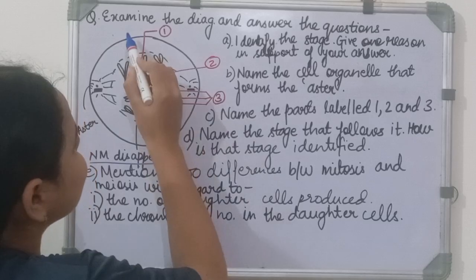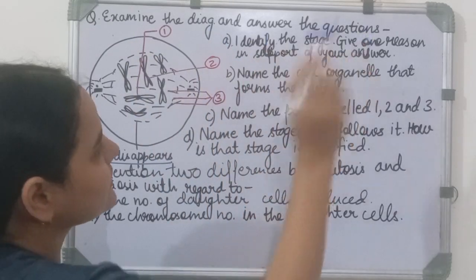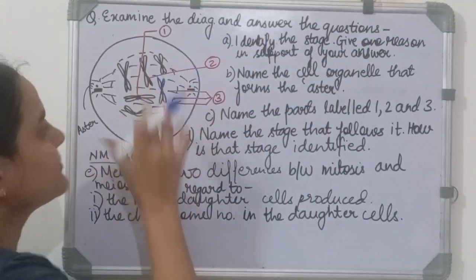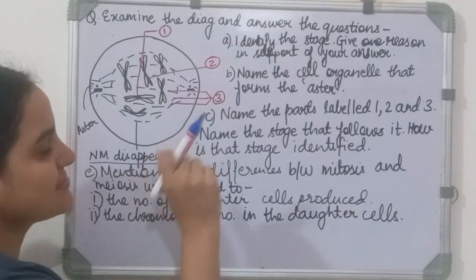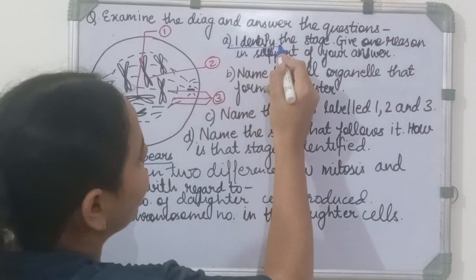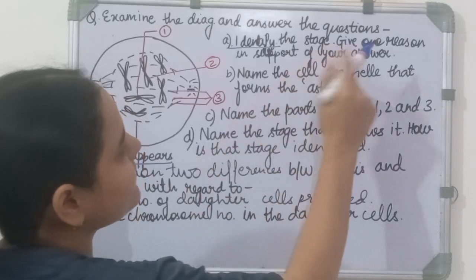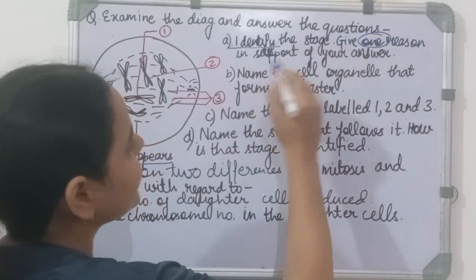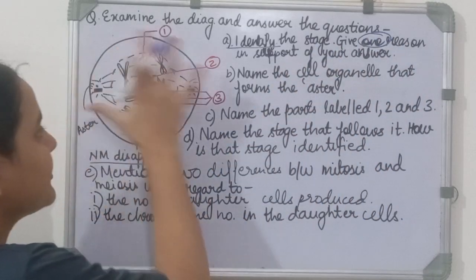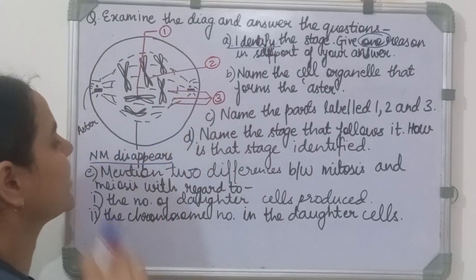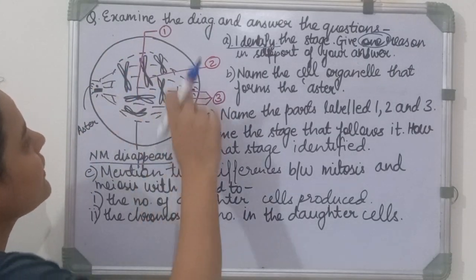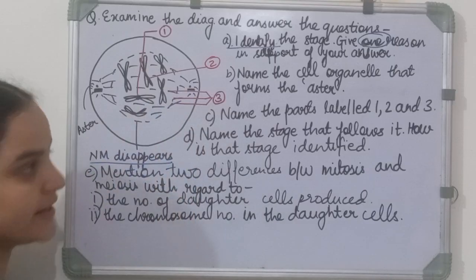The question says, examine the diagram and answer the question. So we have to observe this diagram and answer the following questions. The first part says, identify the stage. Give one reason in support of your answer. So we have to identify this given stage of cell division. In the diagram we can see that the nuclear membrane is disappearing, first point.